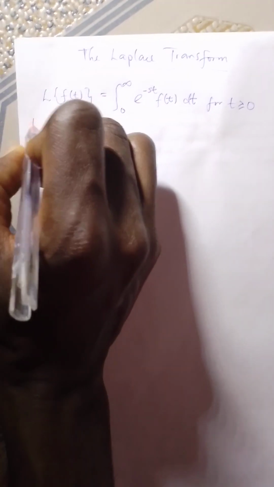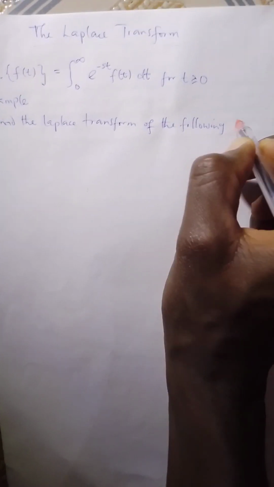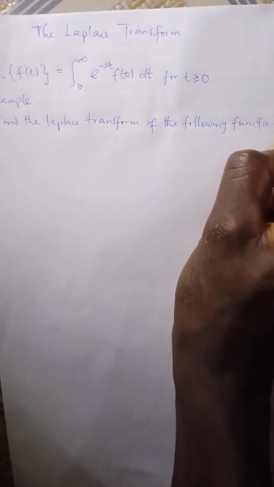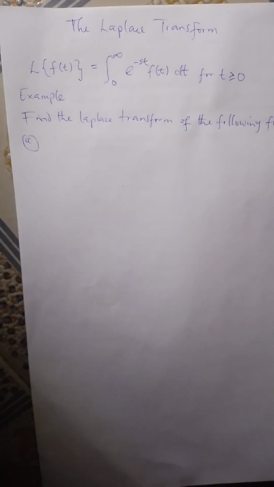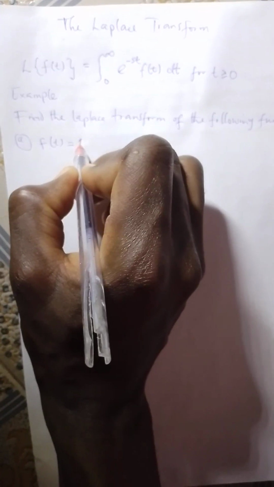For example, the first function we're going to deal with, f of t, is equal to 1.